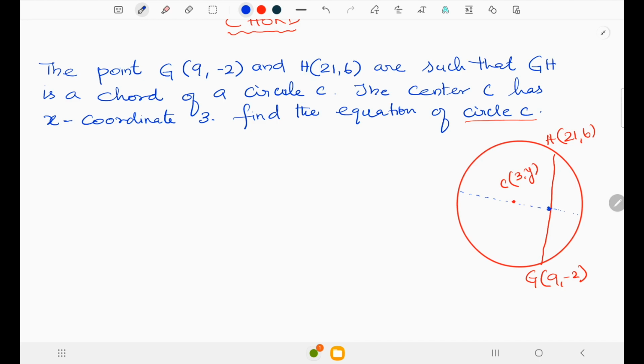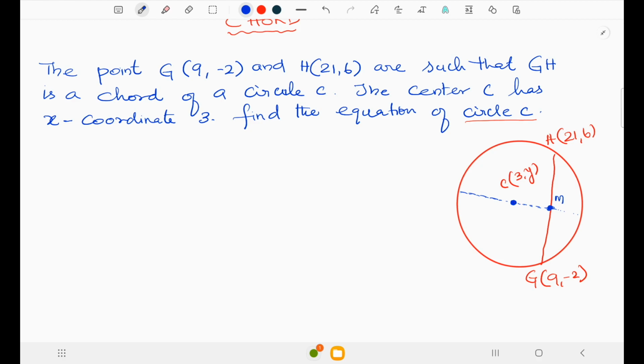Repeating once again, if you draw a perpendicular line to the midpoint of the chord, say this is M, that line will always pass through the center of the circle. This is the theorem or the rule.